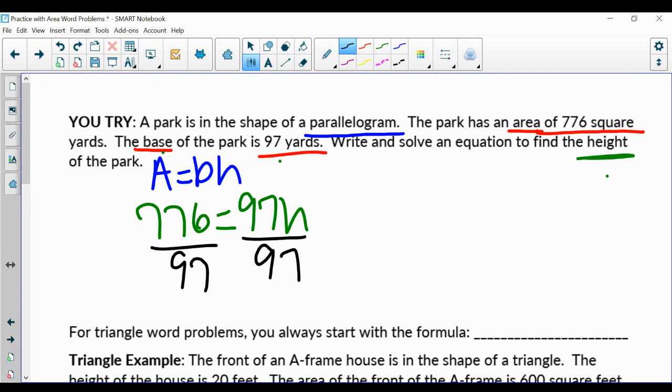So 776 divided by 97 is going to give me an answer of 8. So my height is 8 yards. Okay, remember you're looking for yards this time, not feet. All right, so that's just the process that you're going to use to do this.